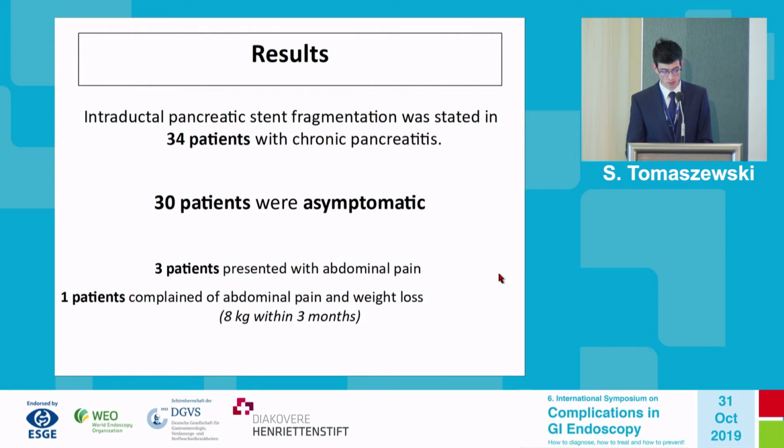30 patients with a broken prosthesis were asymptomatic. 3 patients presented abdominal pain, and 1 patient complained of abdominal pain and weight loss, which was 8 kilos within 3 months.